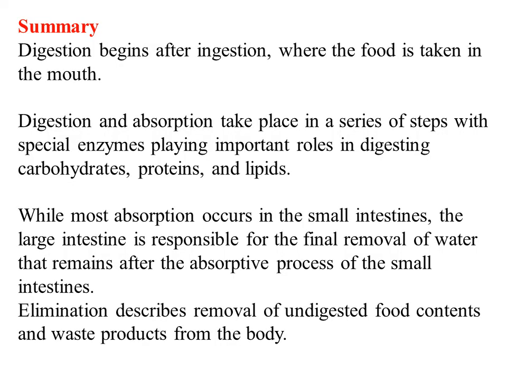Here you can see the summary of digestion. Digestion starts from our mouth after ingestion of food items, then digestion, then absorption and assimilation, and finally egestion. In this way, digestion of the food is completed by the body.